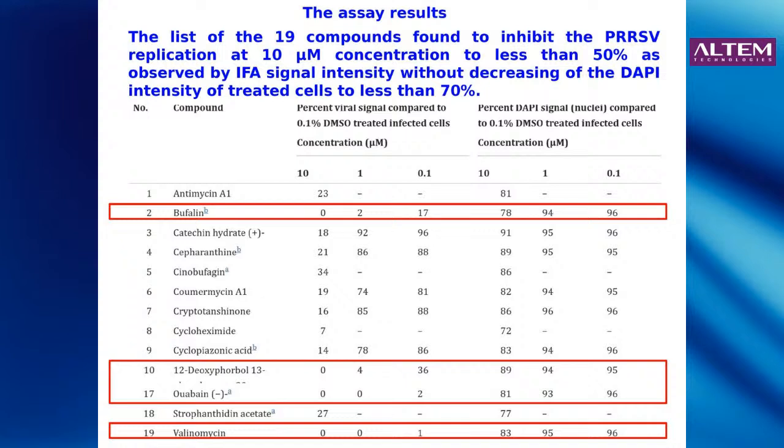You can see the bufalin was at 17% of the untreated cells. Phorbol ester was at 36%, ouabain at 2%, and valinomycin at 4%. At the same time, the viability at 0.1 micromolar of the compounds was more than 95% in all the cases.